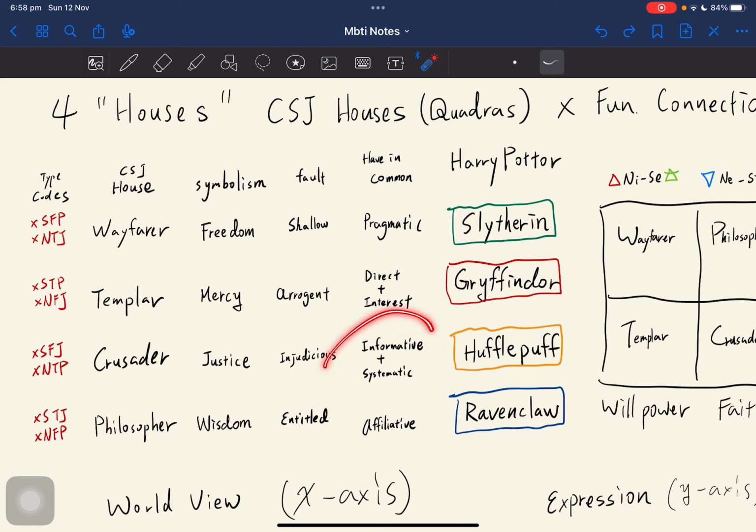If you are informative and systematic, and you think they are kind of this house, and they care about being fair, there's a chance they are crusaders. And if they are a bit like this house, and they care about knowledge, and they are also affiliative, there's a chance they are philosophers.